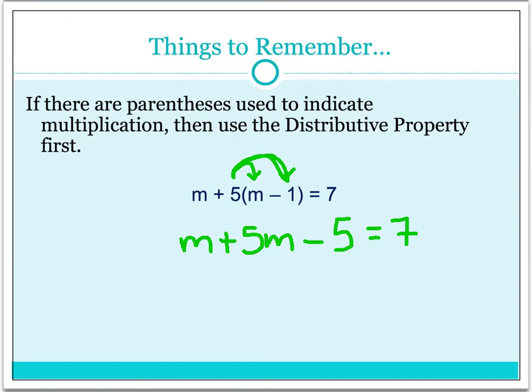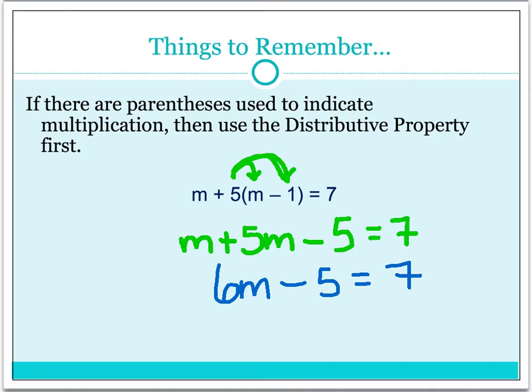Now we have an equation that we can go ahead and begin to simplify. Before I can do anything, though, I see like terms. I see I have a 1m and a 5m. Those are like terms that I must combine together first. And so we know that 1m plus 5m is 6m. 6m minus 5 is equal to 7 is the equation that we have remaining.